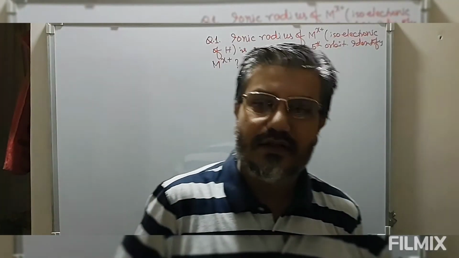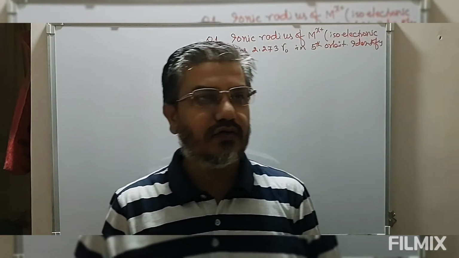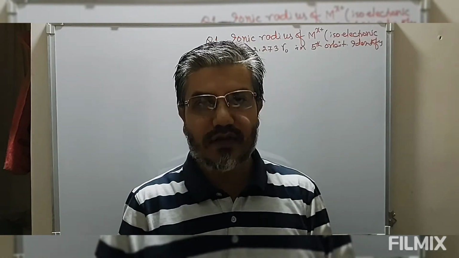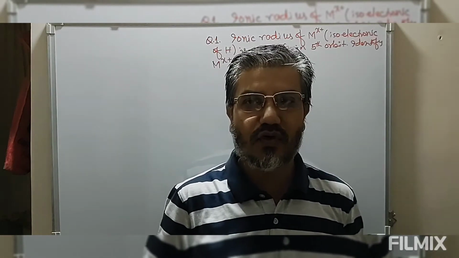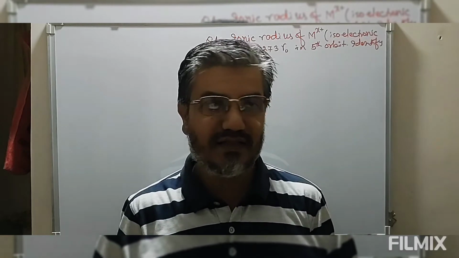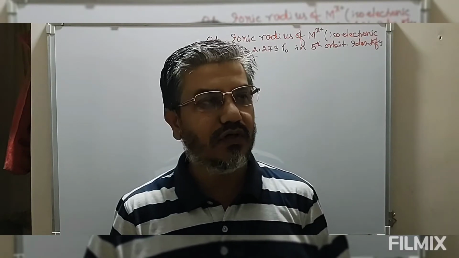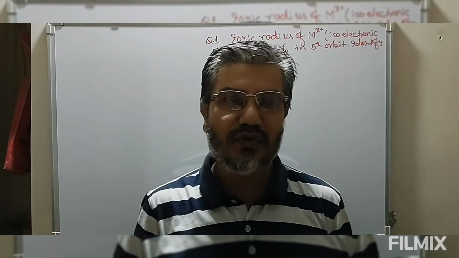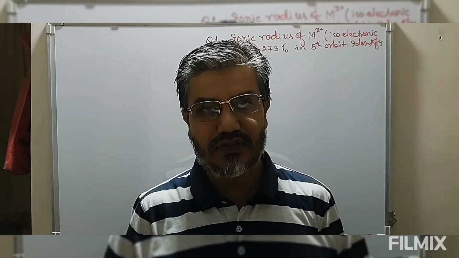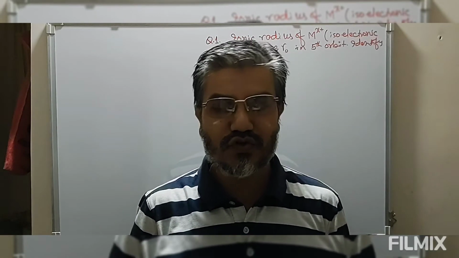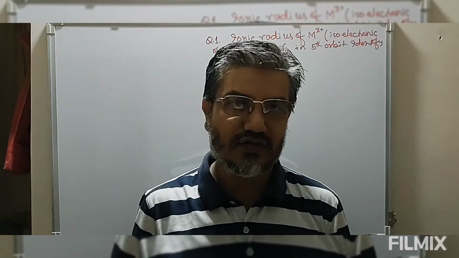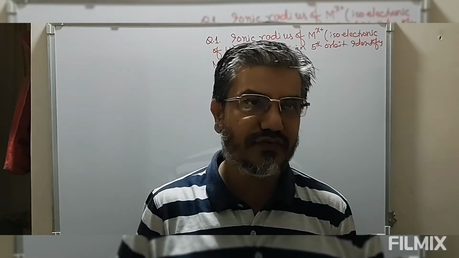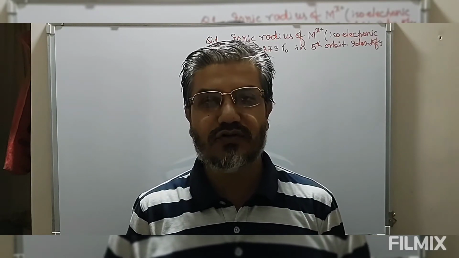Hello everyone. In this video lecture, we are going to discuss some numerical problems on the Bohr theory and the spectrum of hydrogen atom. So we have derived a number of important relationships from Bohr theory like radius, energy of electron, velocity of electron, time period, frequency, number of waves produced by electron during a complete revolution.